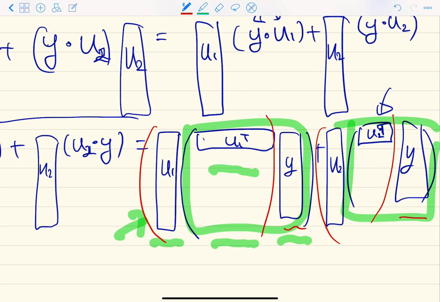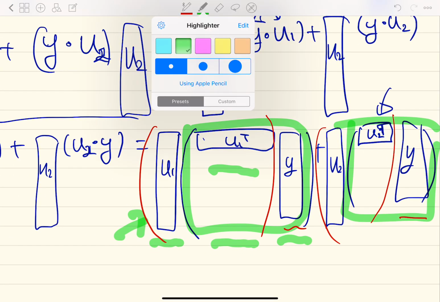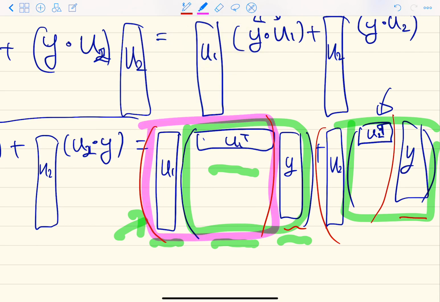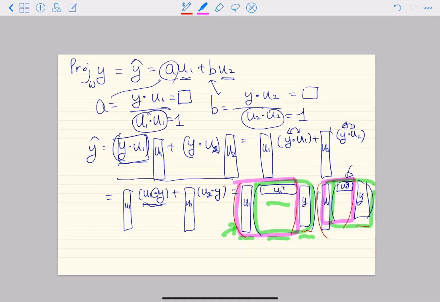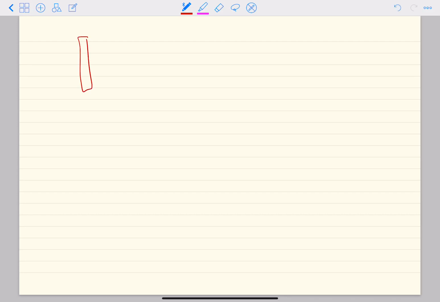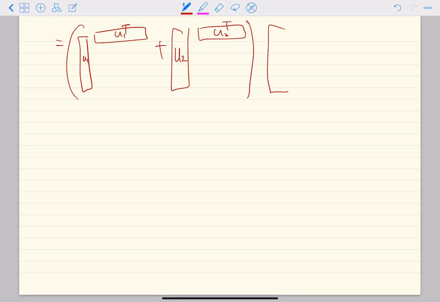So from here, I'll bring this part as the first sum, and after forming the sum, we will multiply y afterwards. So we have u1 u1 transpose plus u2 u2 transpose, times y.